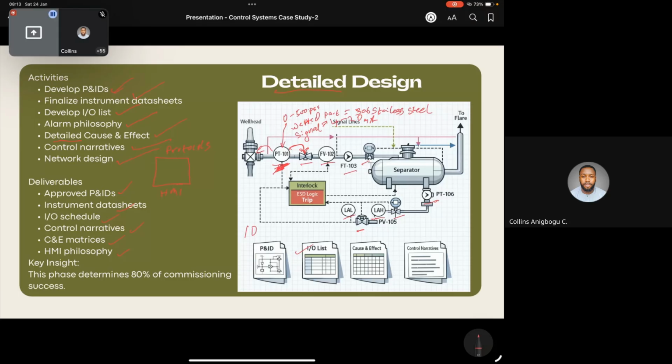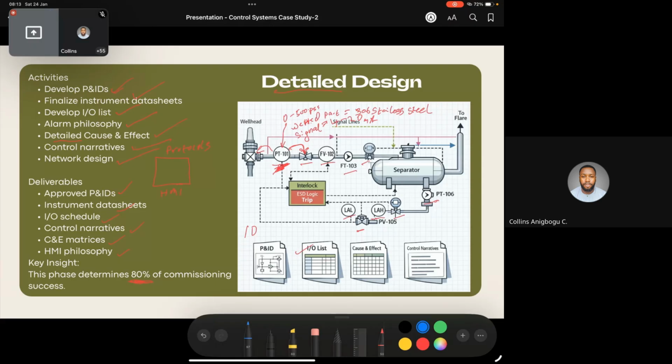And this is the phase that determines 80% of commissioning success. If you make a mistake in this phase, your project will be on a long delay, because rework is very costly, especially when the project is big and complex. Recall I said that if you have to change this transmitter, just imagine it.